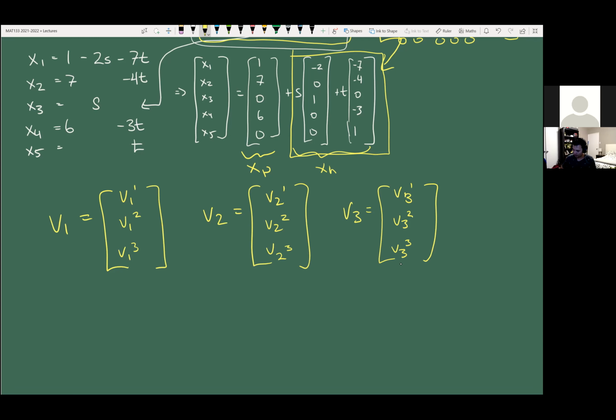So the bottom number here is keeping track of which vector you belong to, and the upstairs number is keeping track of, oh, I'm the third component, or the second component, or the first component, right? So the bottom number is keeping track of which vector you belong to, and the top number is keeping track of which component of that vector you're in.